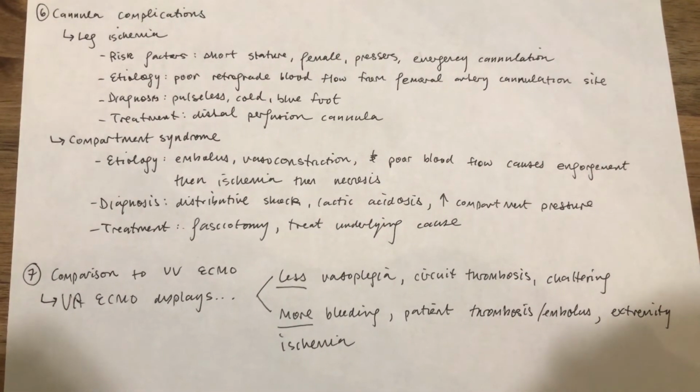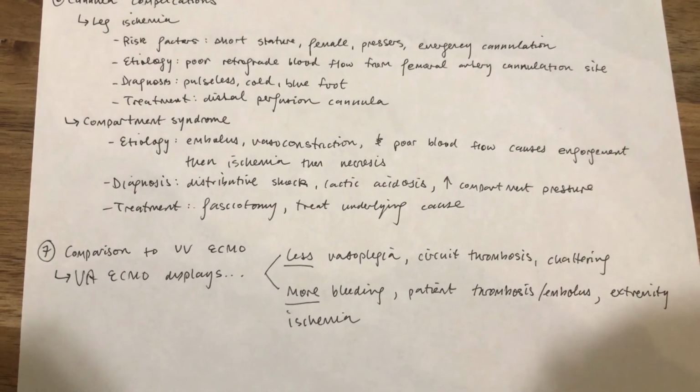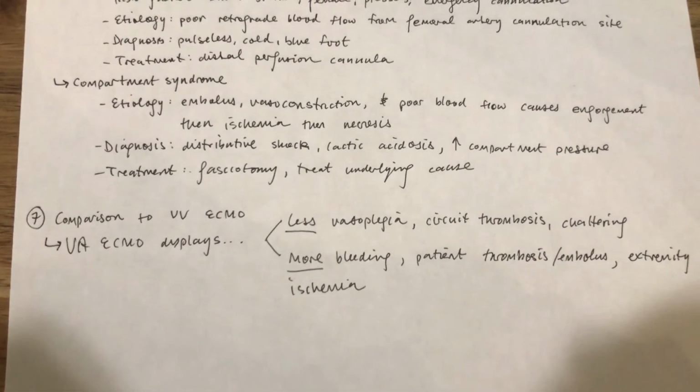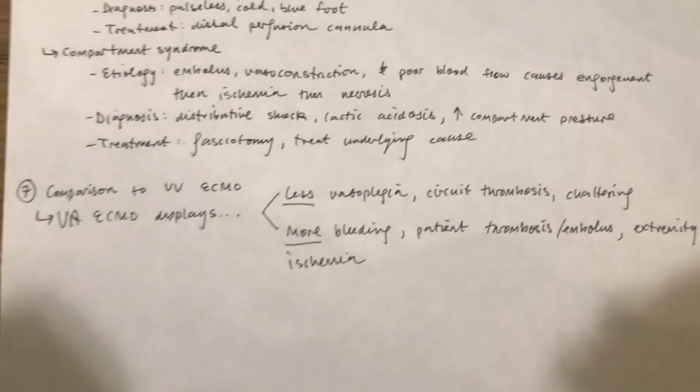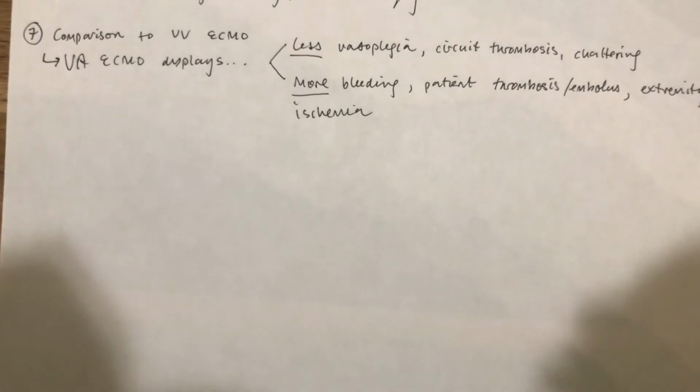It's not always possible, but compartment syndrome will make life a lot harder, so we want to prevent it as much as we can. And finally, we're going to do some wrap up in comparison to VV ECMO.